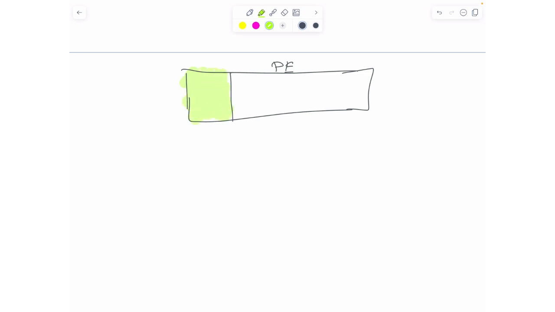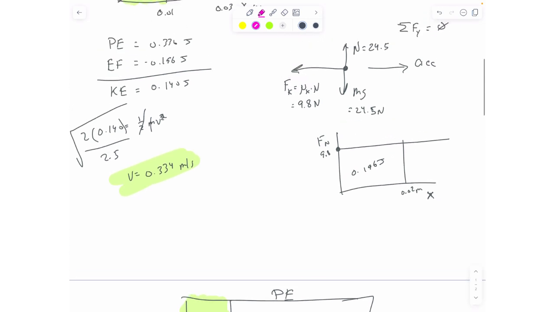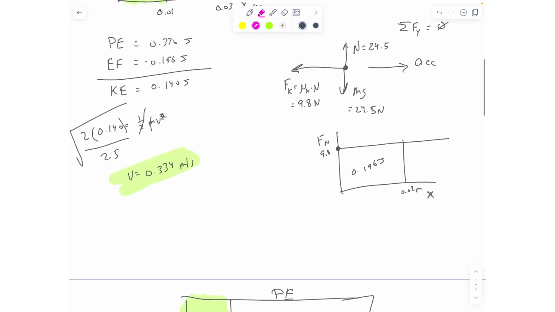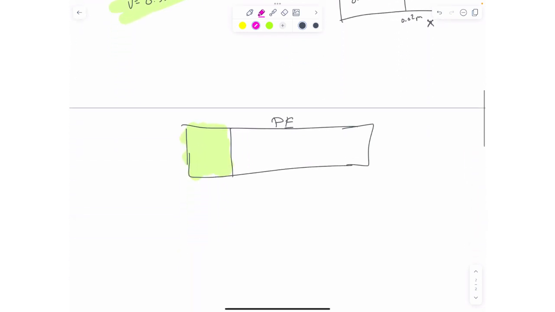Okay, and then this much here, let's look at my numbers. So 196, 140. So actually most of it was used up for friction. Sorry, this much here was friction.